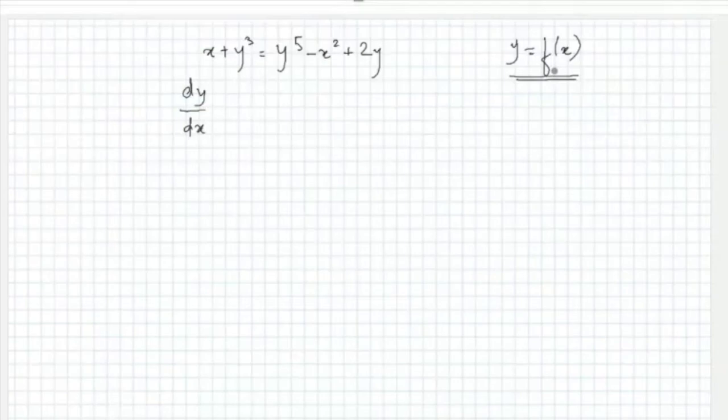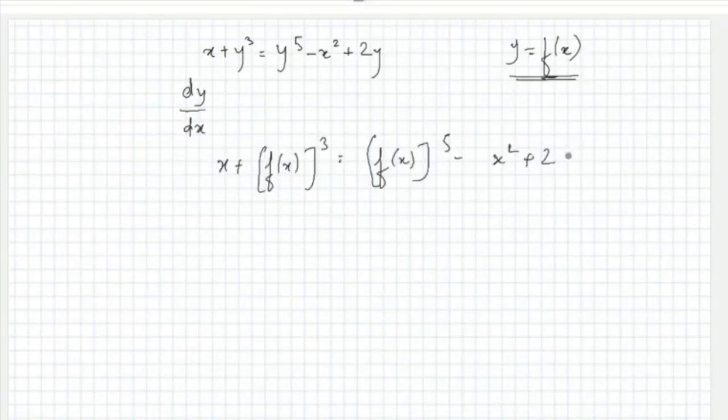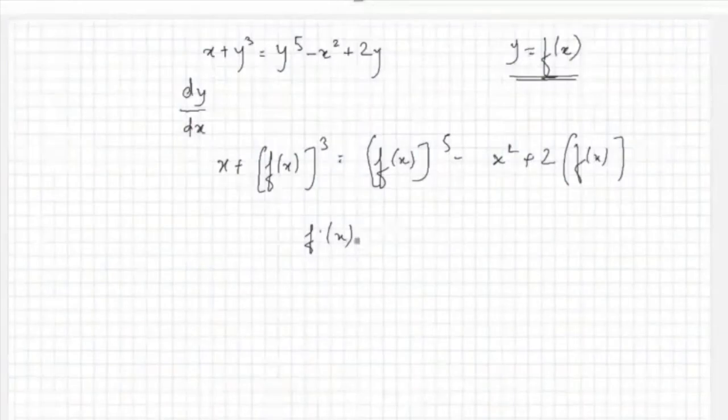We don't know the exact form because we don't know the explicit form. We just know that y is some function of x, and then we will apply the chain rule and solve for dy by dx. So I will just change this equation into this form, take the derivative both sides and solve for f prime x. You can solve this and check whether you get the answer for f prime x or not.